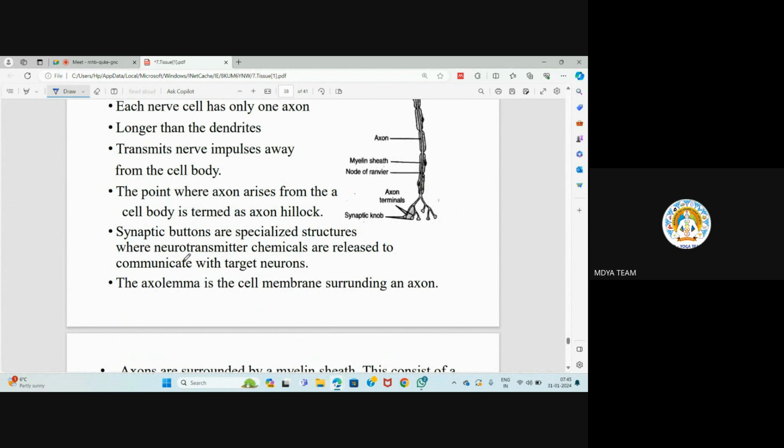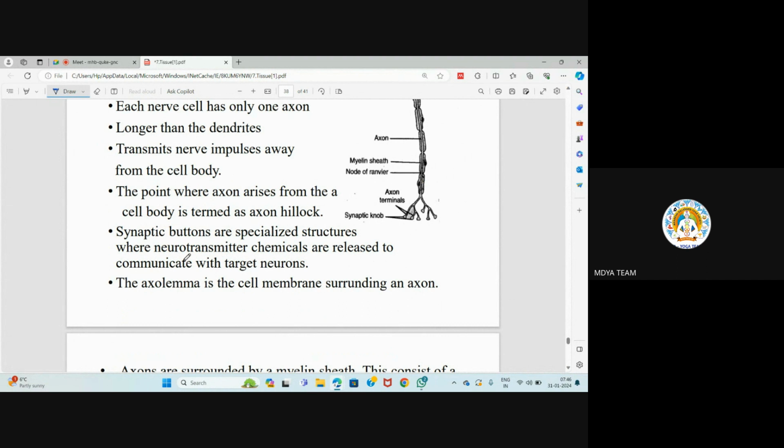Synaptic buttons are specialized structures where neurotransmitter chemicals are released to communicate with target neurons. The same thing we have already discussed: neurotransmitter chemicals are released by the previous neuron and received by the current neuron, the next neuron.